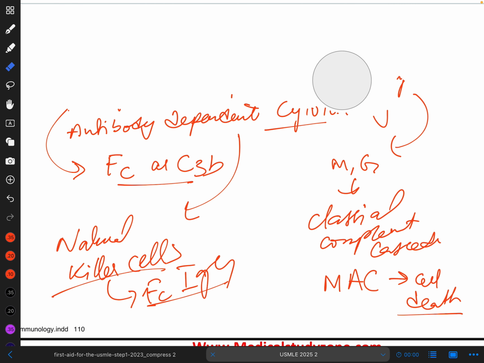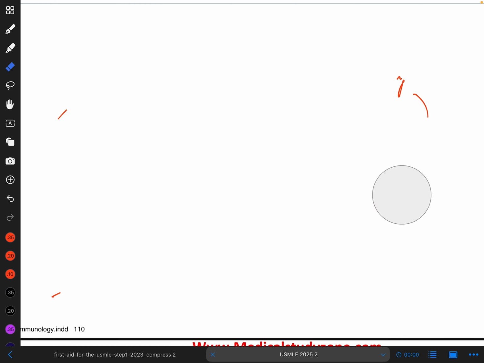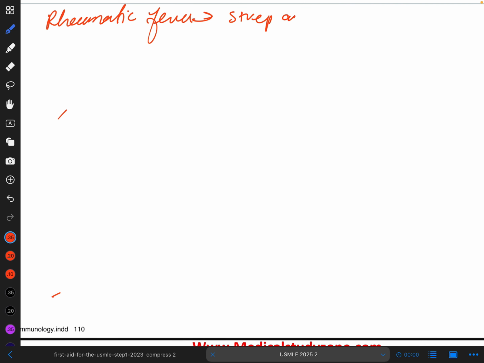For examples of type 2, we have rheumatic fever, in which strep antibodies cross-react with cardiac myocytes.